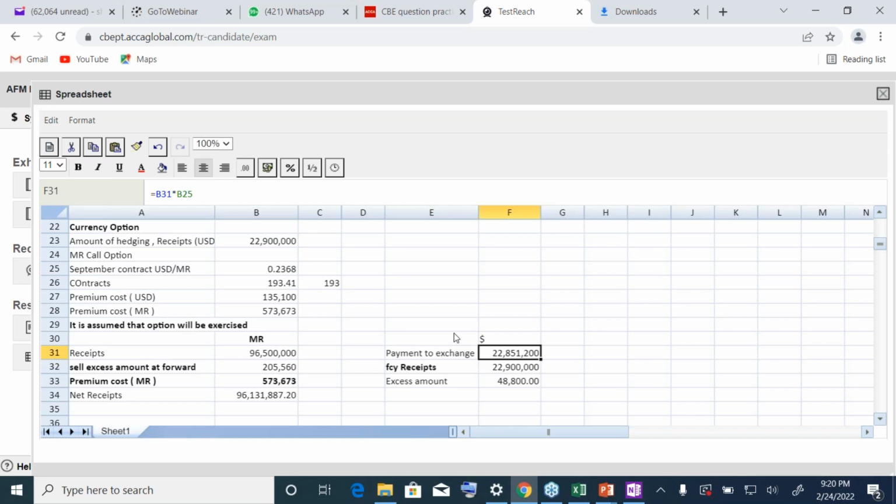There are other ways to calculate under hedging, over hedging, but this way will always work. Any question? Any question from the options?